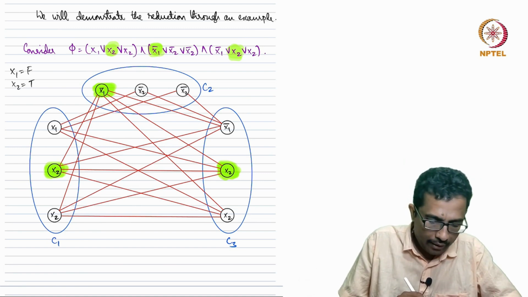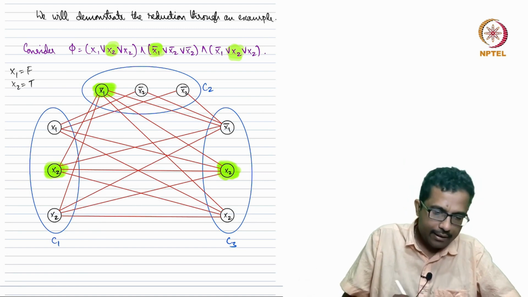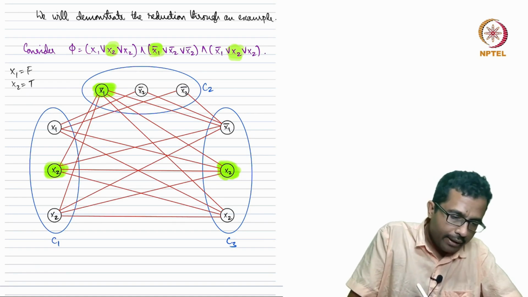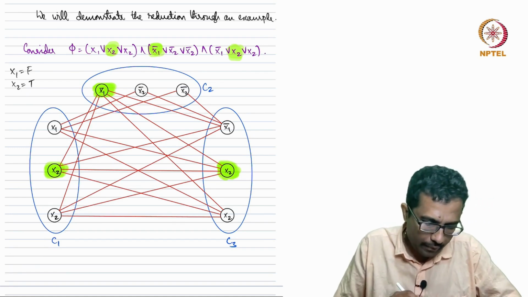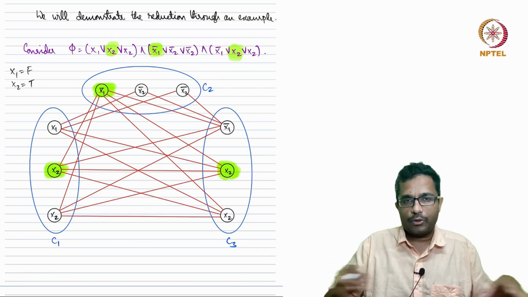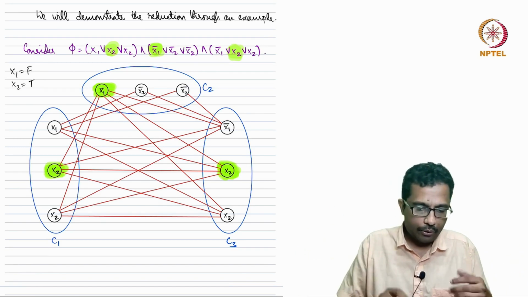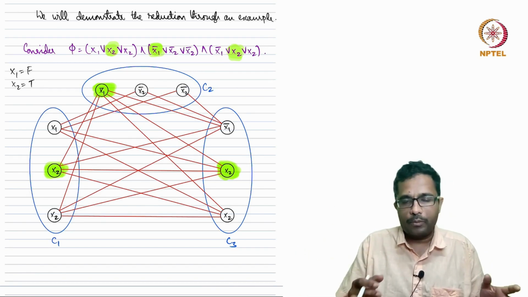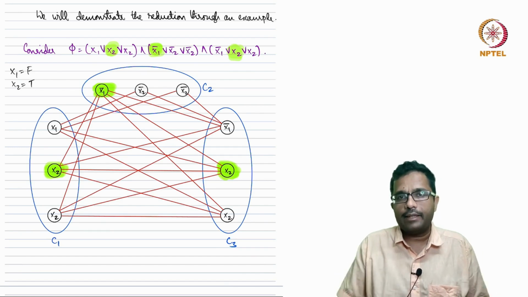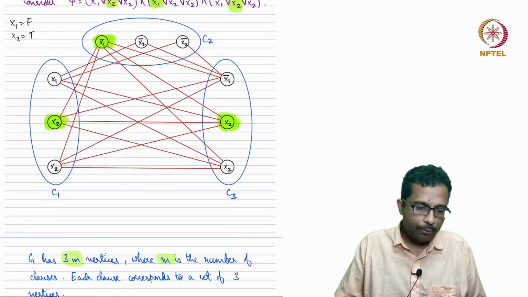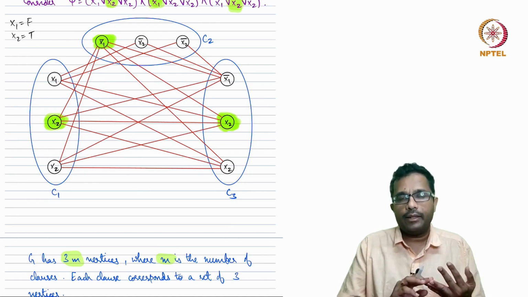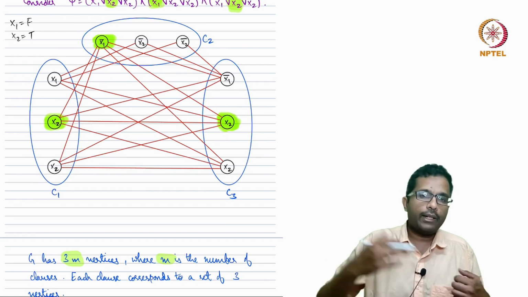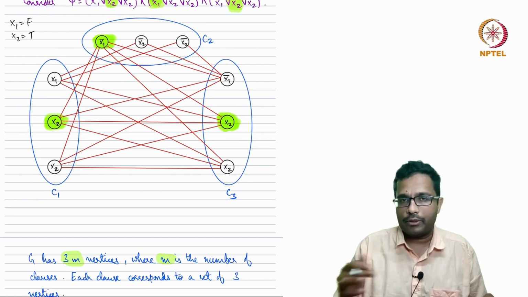In the figure you can see that they are indeed adjacent, but why are they adjacent in general? First of all they are in three different clauses, so they are not in the same group. We do not put edges only for two reasons. One is if they are in the same group, and two is if they are of the form x1 and x1 complement, or x2 and x2 complement, and so on.